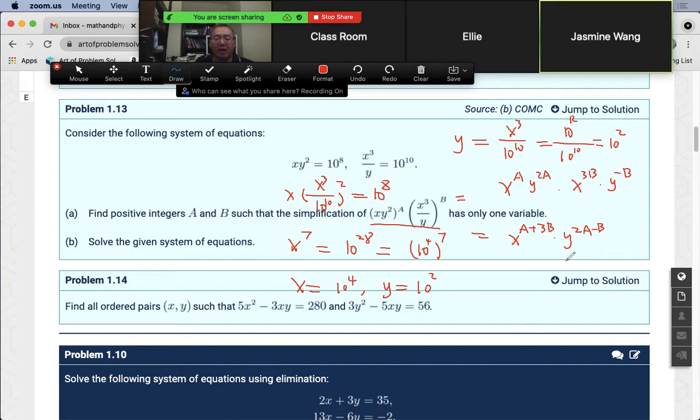Okay, what a can make this one have one variable? So that means either a plus 3b equals 0. Another one is 2a minus b equals 0.